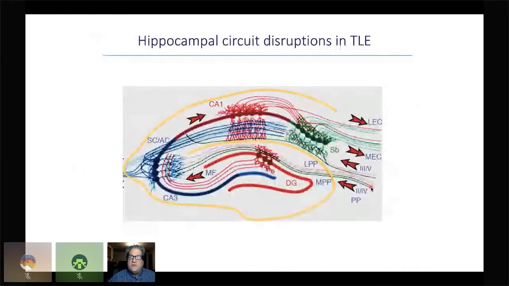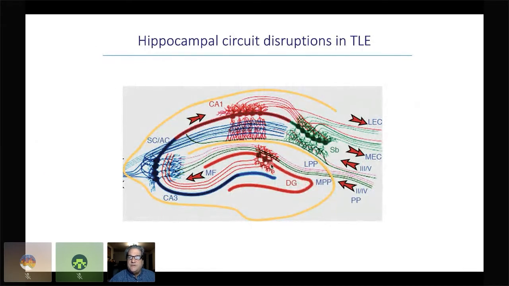We've heard a general overview of the hippocampus, but I thought I'd introduce you briefly to its synaptic anatomy. The entorhinal cortex, here termed EC, provides input to the hippocampus through the dentate gyrus. This is the perforant path.